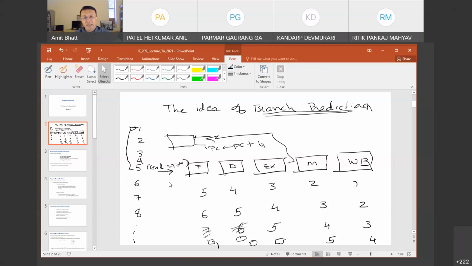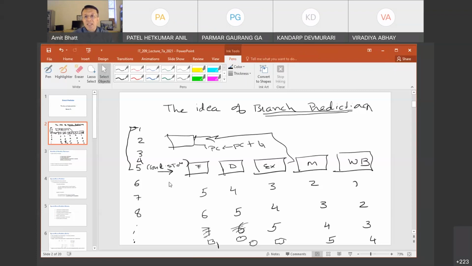Okay, predict not taken. Anyone else? Opposing view? Yes, sir. It is predict always taken. Otherwise, if it is not taken, then it will be the same as you showed, the 6 and 7 will always come and there will be a bubble formed.